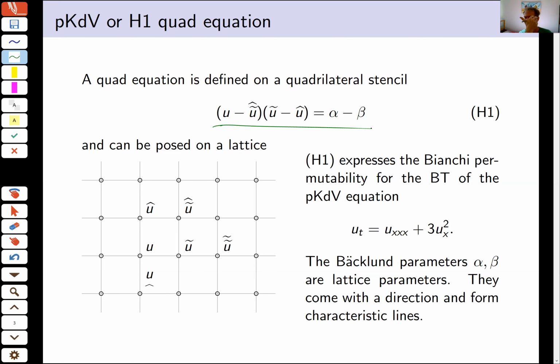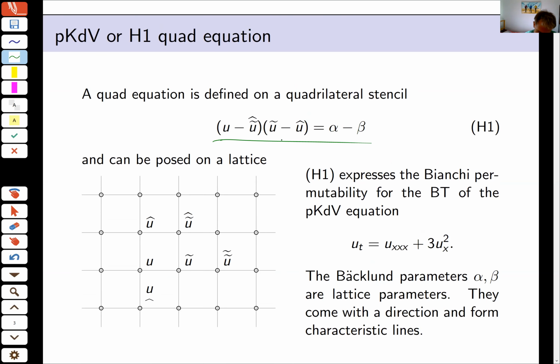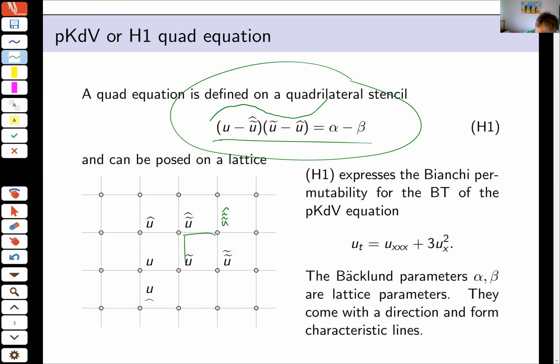We can therefore shift this whole equation, and we get an equation between u tilde hat, u tilde tilde, and u tilde hat. On the lattice, we have the point u tilde hat here, so that equation that is kind of tilted there is an equation on this square connecting those points.